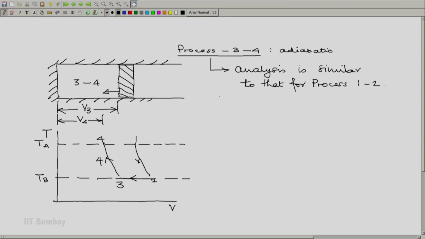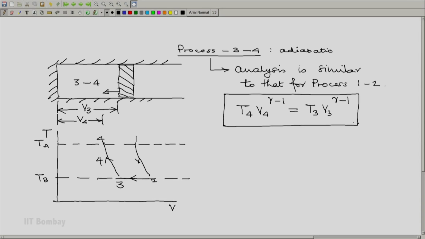So, using exactly the same set of arguments with just the involved states changed, we will get this expression T4 V4 raised to gamma minus 1 equals T3 V3 raised to gamma minus 1. Again, this is an expression which we will note for use later.